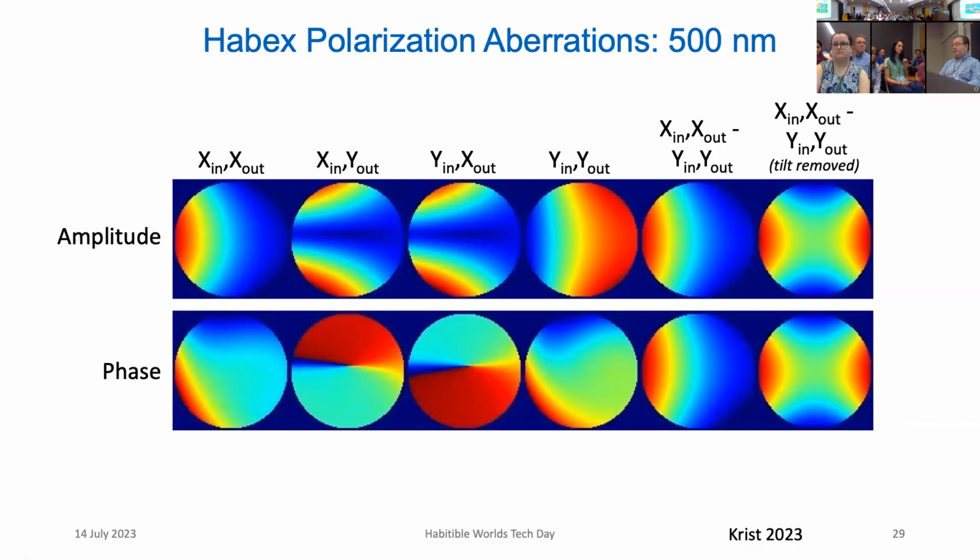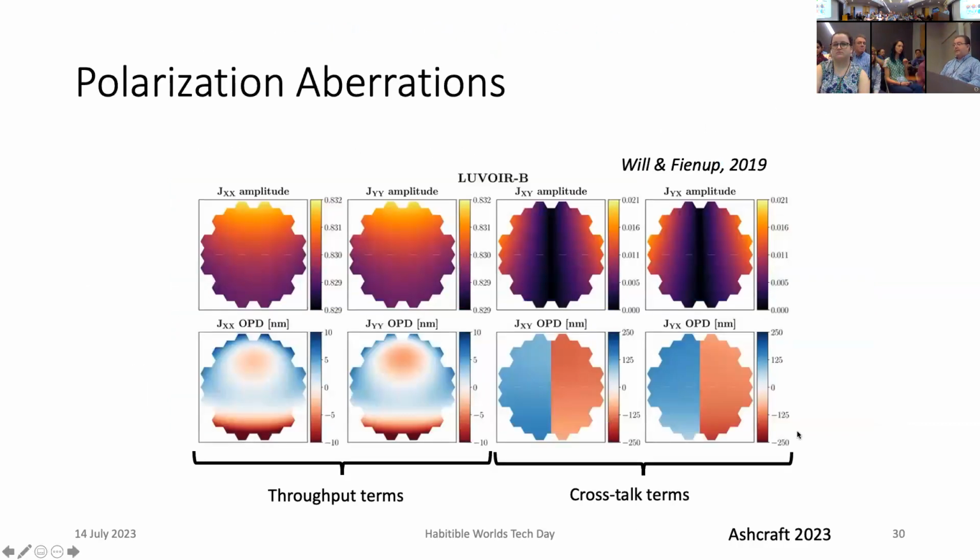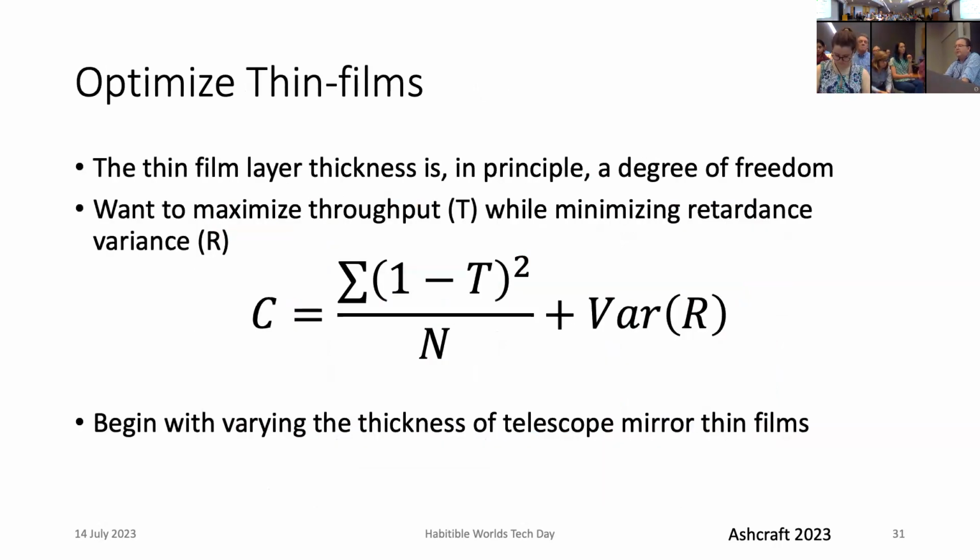This was work that John Krist did, and this was also work presented at JPL recently by graduate student Jaren Ashcraft from the College of Optical Sciences in Tucson, where he was looking at the LUVOIR-B design, and also indicating these very field-dependent, non-uniform terms in polarization aberration space.